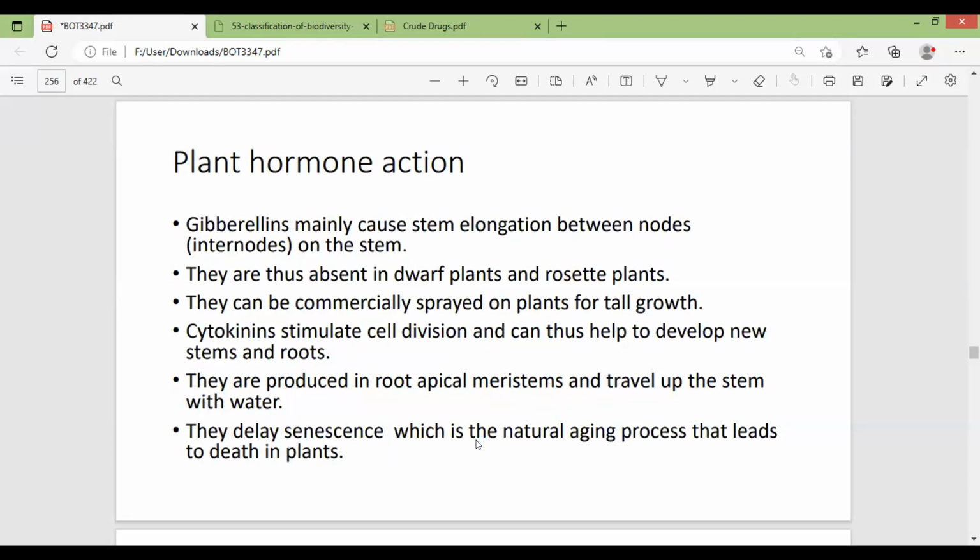Next, we go to gibberellins. With gibberellins, you just want to remember two things. The first thing is that they cause stem elongation. The second thing is that they break seed dormancy and initiate germination.